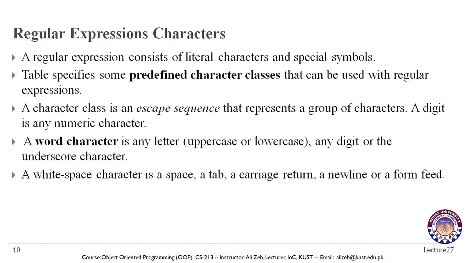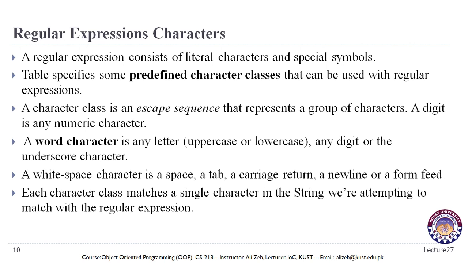A white space character is a space, a tab, a carriage return, a newline or a form feed. We used the \s for a space, but that can also be used for a tab, a carriage return or a newline. Each character class matches a single character in the string we are attempting to match with the regular expression.